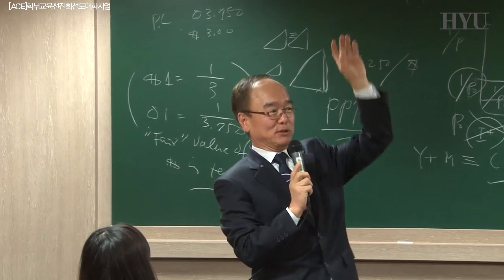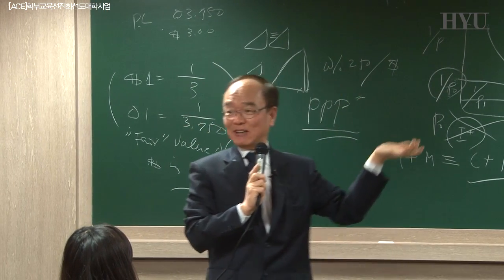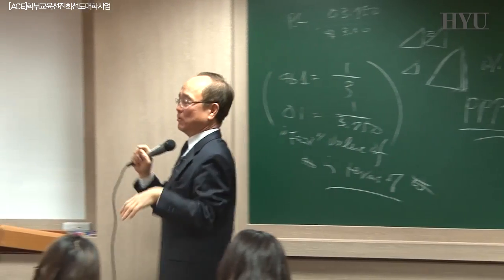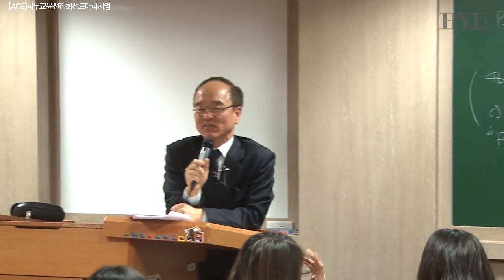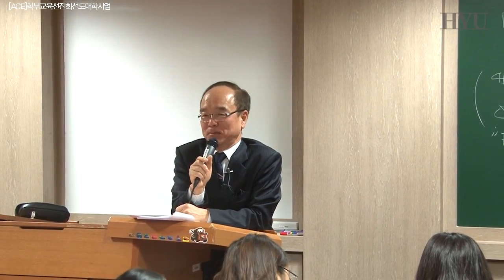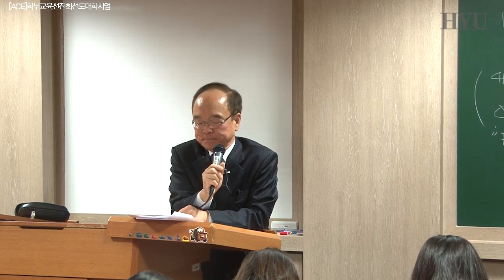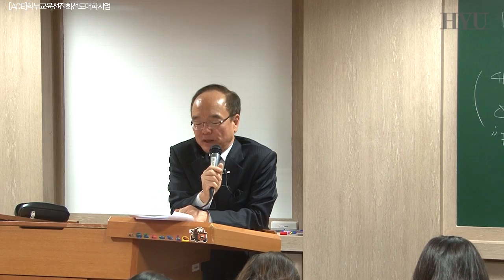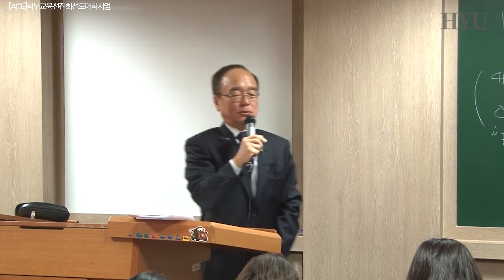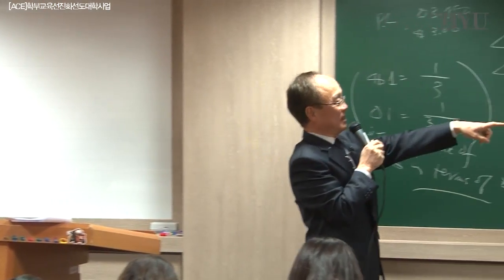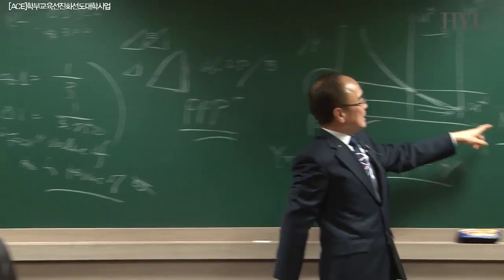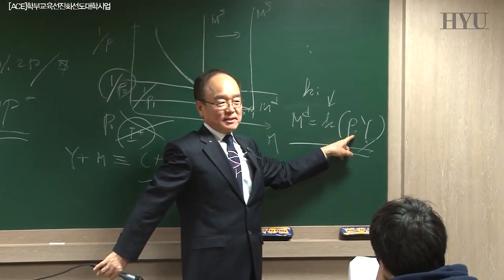Money doubles. It doesn't mean anything, right? So this point is that money doesn't affect the GDP, real GDP, or real variables. That's the key point here. So the only effect to the economy from money is this one. Money increases, P increases, right?